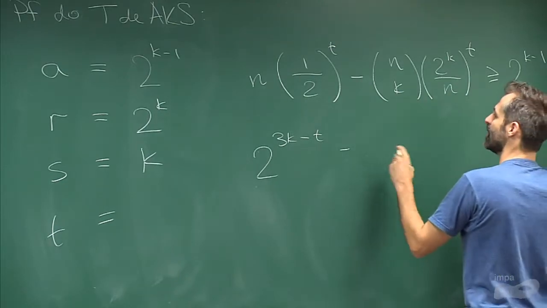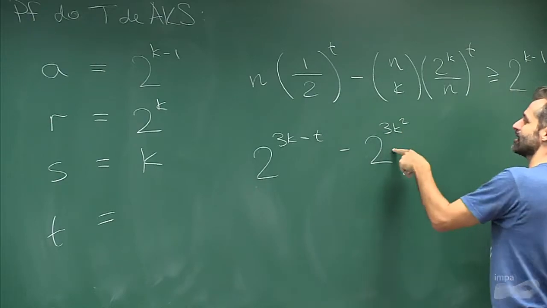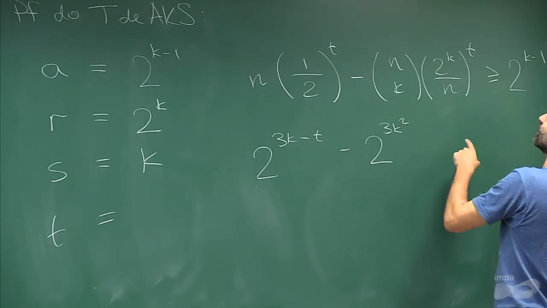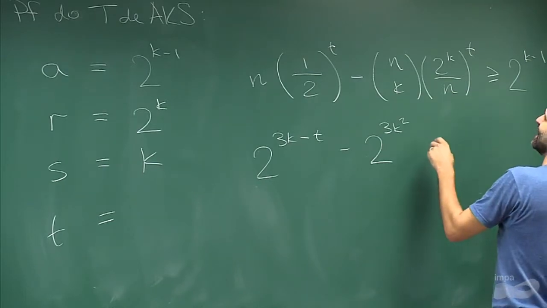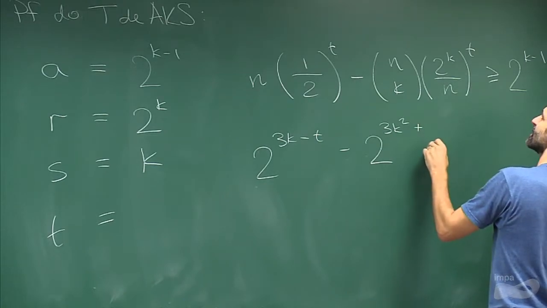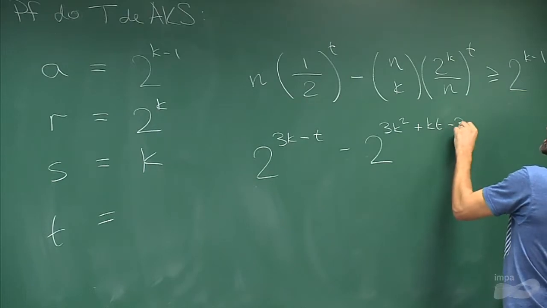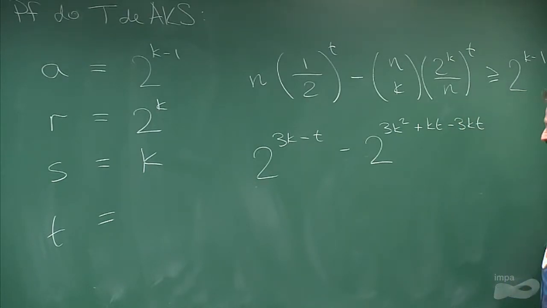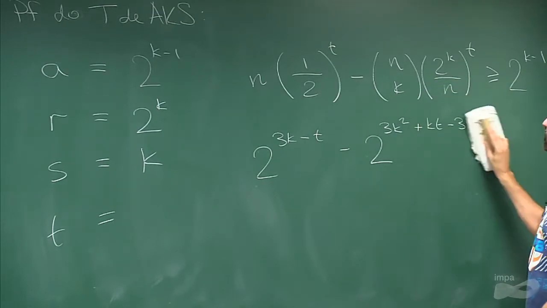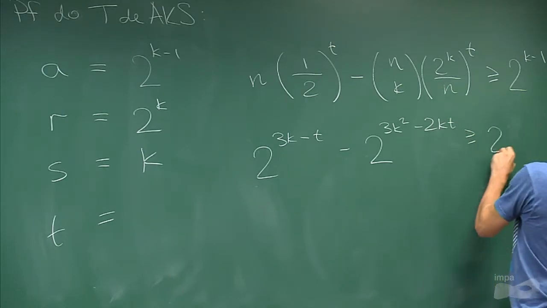Yeah, so I'm being silly. n^k, so (2^(3k))^k, upper bound on this again, just n^k, with an n^t, so plus k^2, and then minus 3kt. Right, so minus 2kt. Should be at least 2^(k-1).